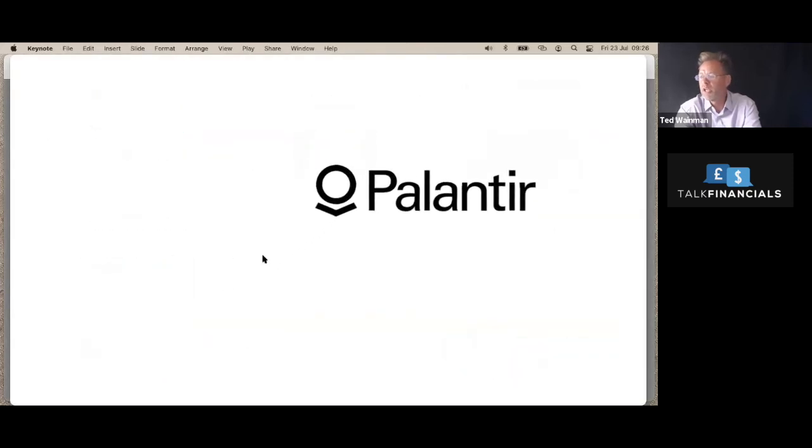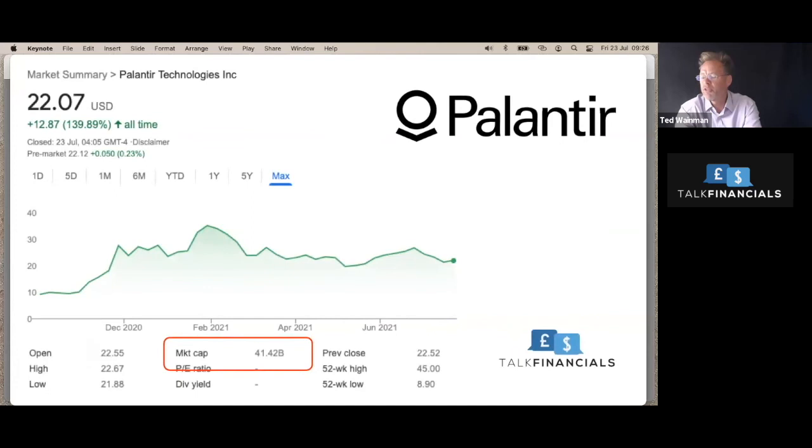So looking at the share price, there is no PE ratio, obviously, because there is no E. There's no earnings on this, and therefore it's a market cap of 41.42 billion. If you remember, the balance sheet is 1.5 billion.